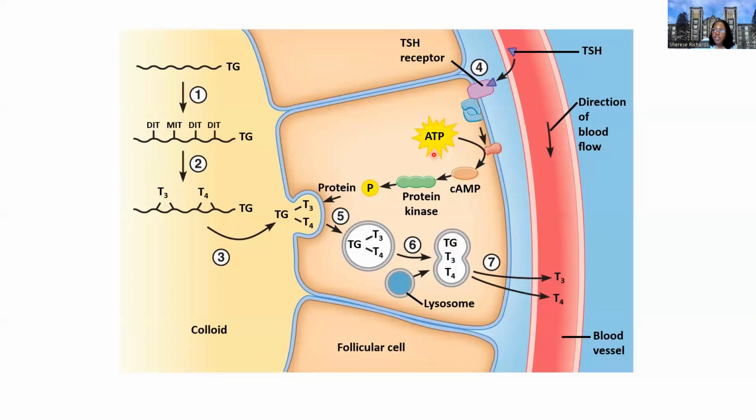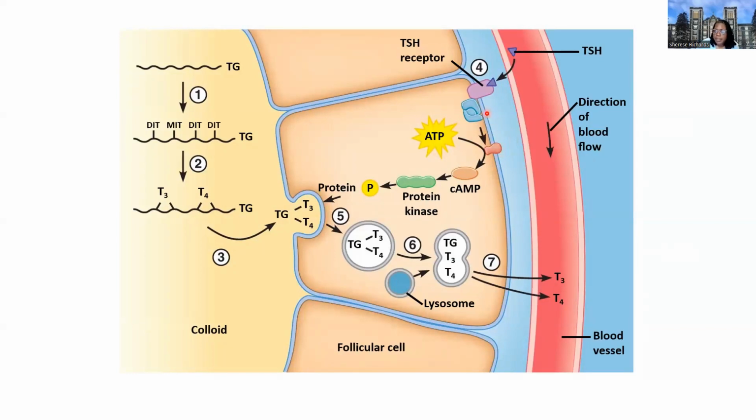The follicular cells are going to take TSH, and TSH is coming from the anterior pituitary. That is going to bind to TSH receptors on the basal surface of these follicular cells. Because it is coupled to a G protein and we have the signaling cascade mechanism, we have a couple steps in the way.